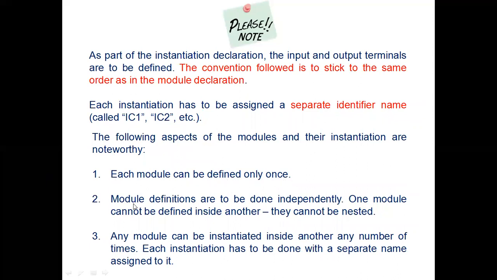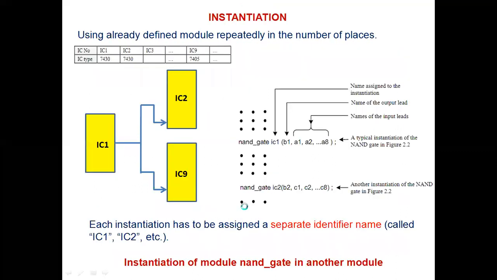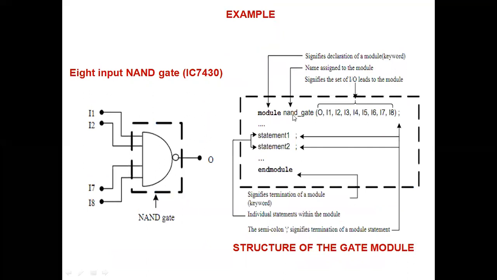Next, module definitions are to be done independently, and one module cannot be defined inside another. They cannot be nested. This is very, very important. Did you understand this statement? Here you have defined a module for the 8 input NAND gate.